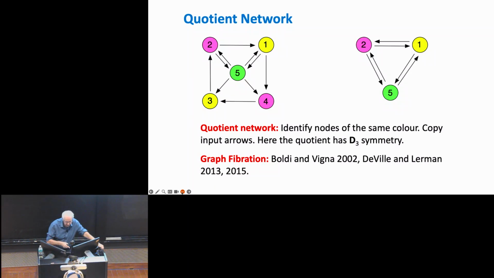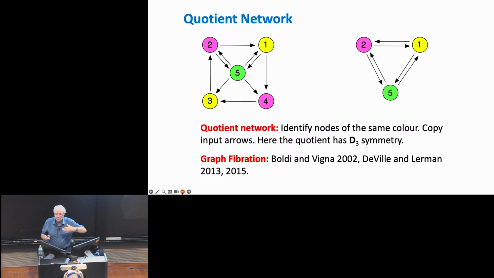On the left is the 5-node network. On the right, I have node 1 yellow, node 2 magenta, node 5 green, and I have copied the inputs. If you look at any of the magenta nodes, they've got 1 yellow and 1 green. And you look at the magenta node in the quotient network, and that's got 1 yellow and 1 green.